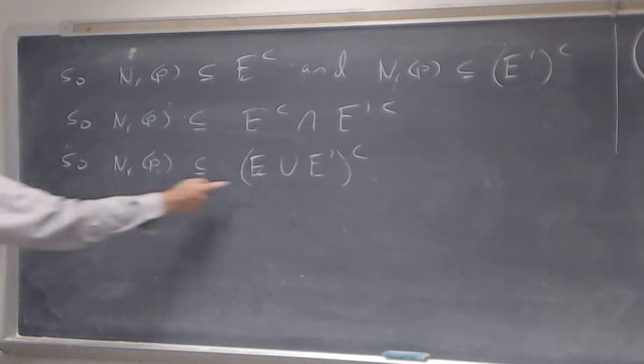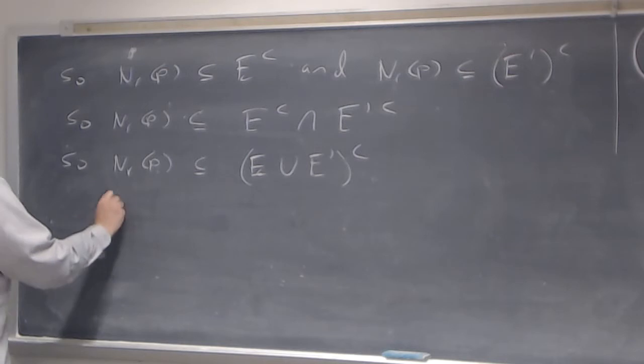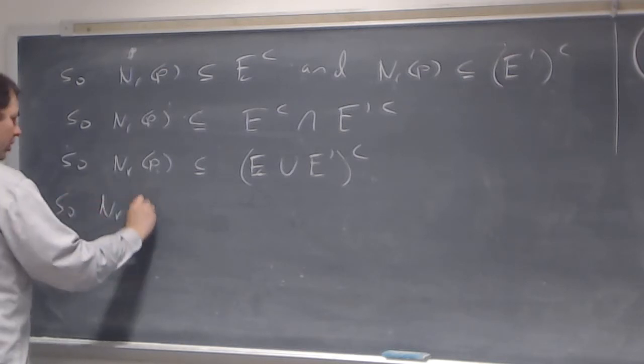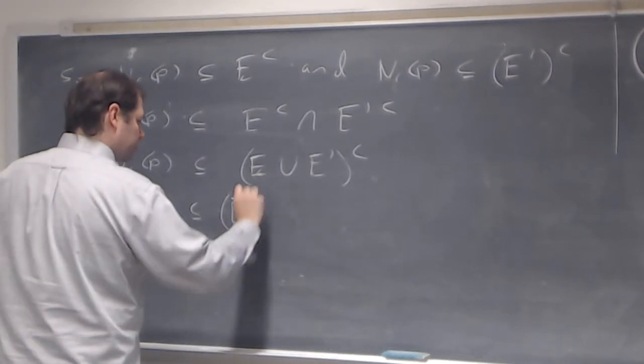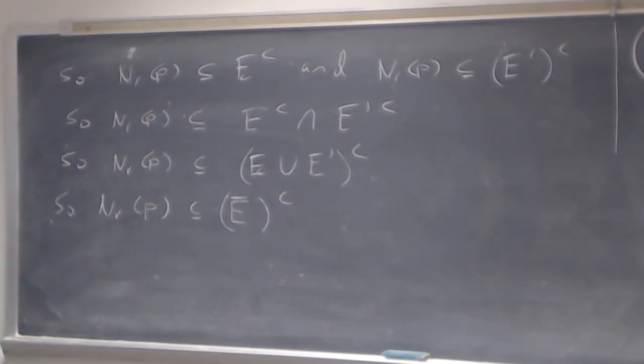And that was exactly closure of E. So this says N sub r of P is contained in E closure complement.